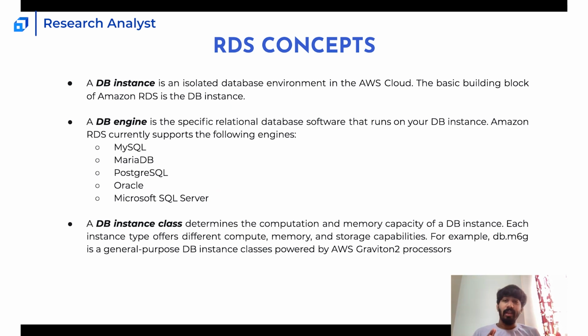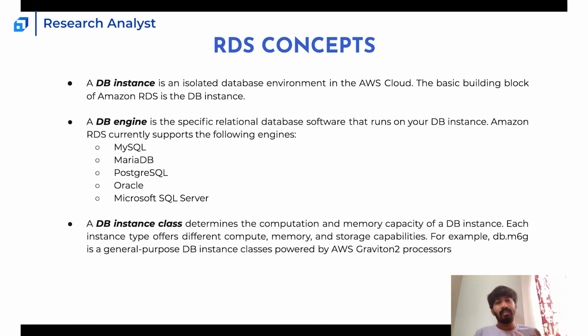So let's look into the RDS concepts: a database instance, a database engine, and a database instance class. First of all, a database instance is basically an isolated database environment in the AWS cloud. The basic building block of Amazon RDS is the database instance. Just as in EC2 you have an instance, which is basically a server, in this case a database instance is the database environment which is created.